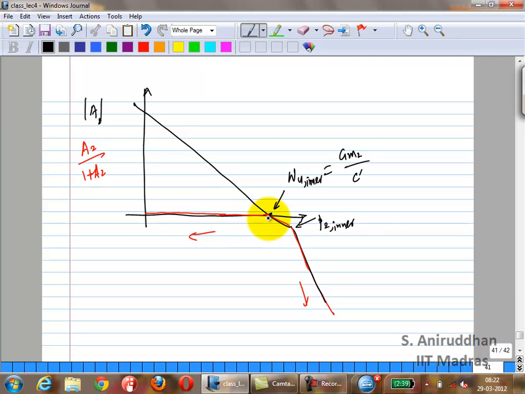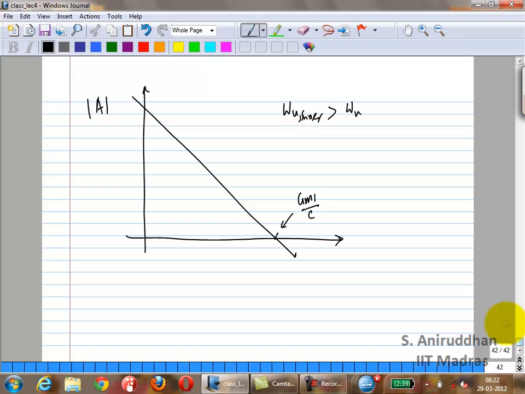At omega u inner. You'd have a second pole here and a third pole here. Correct? And of course you also have this condition.